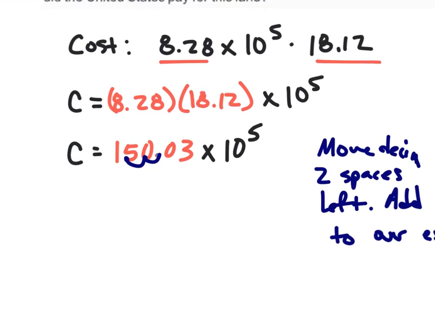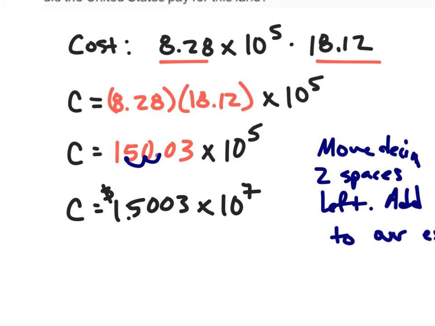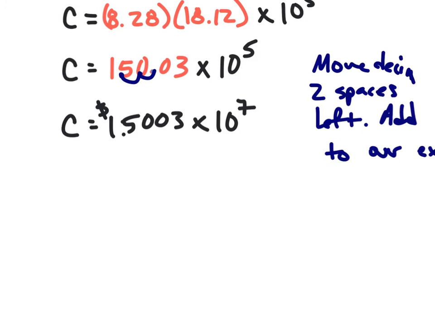Okay? So if I move 2 spaces to the left, then I got C is equal to 1.5003 times 10 to the 7th power. Okay? And that's going to be my cost in dollars. Now, we can actually figure this out. And if I write out 1.5003, and I want to move this decimal 7 spaces to the right, 1, 2, 3, 4, 5, 6, 7.